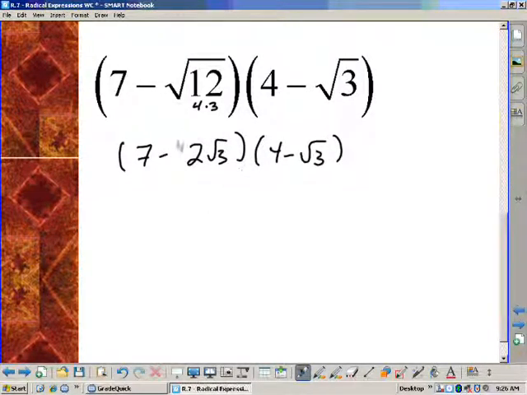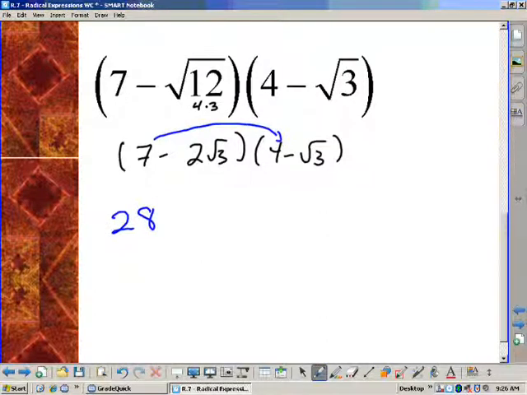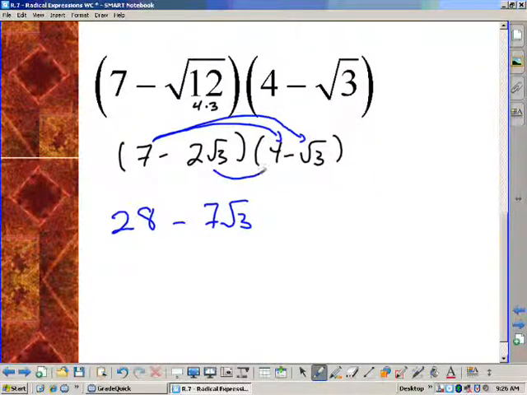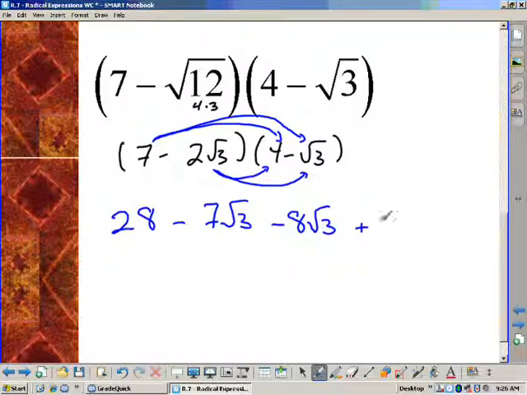So again, you're going to multiply out 7 times 4 and get 28. Multiply 7 times negative square root of 3, get a negative 7 radical 3. Multiply a negative 2 radical 3 times 4, so I get a minus 8 radical 3. And then do the same thing back here, and I'm going to get a positive 2, and then times 3.